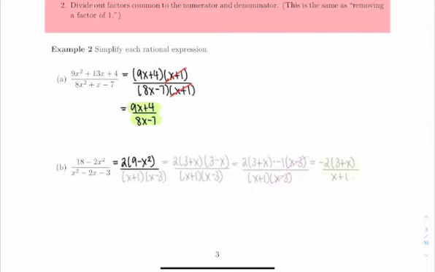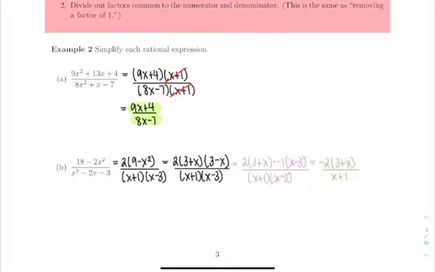And the bottom can factor as x plus 1 times x minus 3. On the top we have a difference of squares, so this is going to factor as 3 plus x and 3 minus x. And the denominator is still the same.